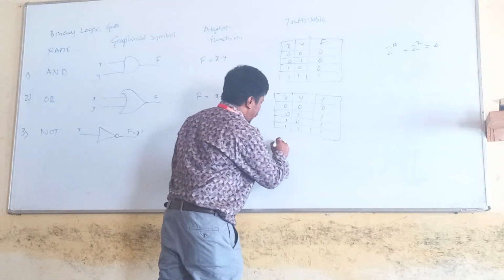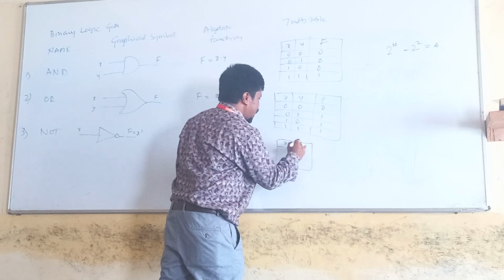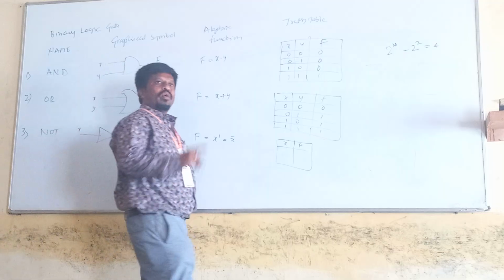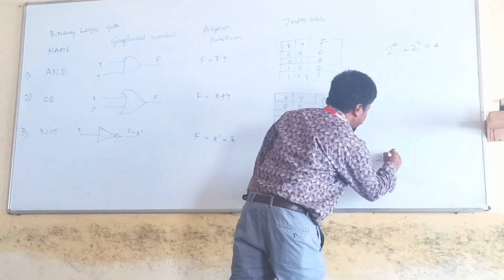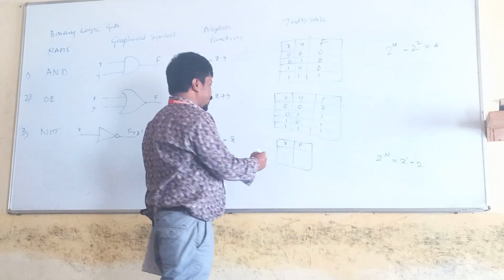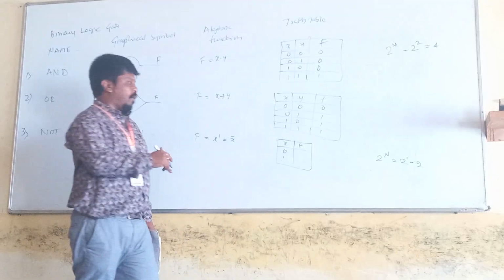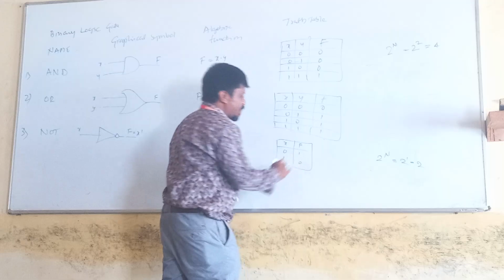If we have the input as X, the output is the complement of the input, that will be X dash. How many inputs are there? Only one input is there, so 2 to the power of 1 gives two combinations. The one input has 0 or 1, and the output is the complement of the input: 0 becomes 1, and 1 becomes 0.